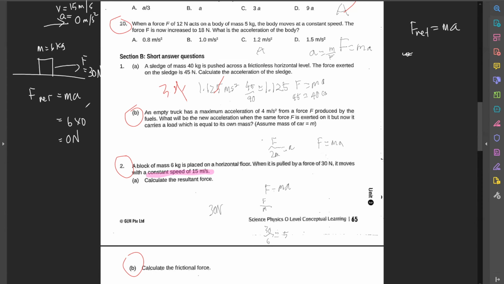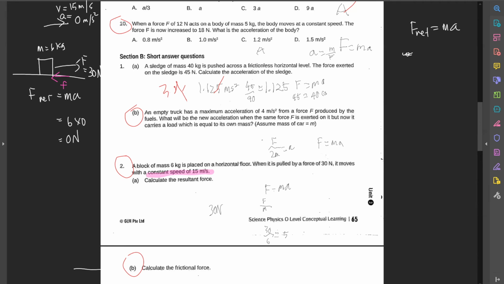So the next part down here, it writes calculate the frictional force. Okay. Because resultant force is 0, that means there must be a frictional force somewhere, and friction always opposes the motion. So if in the diagram the object is moving forward, that means friction will be going backwards.